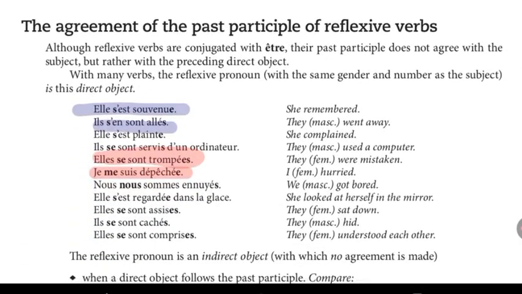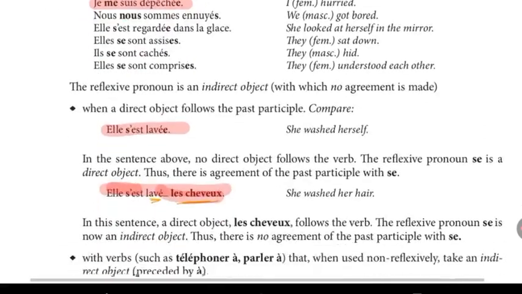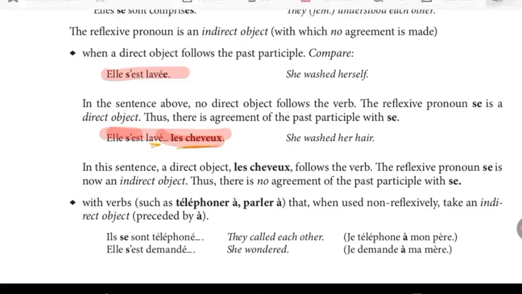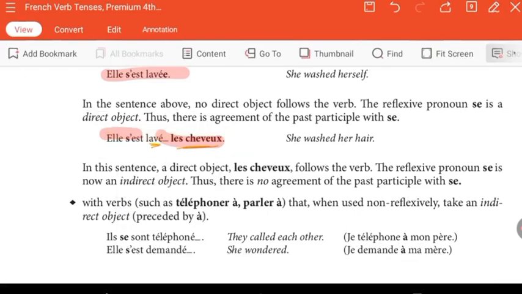If it's not reciprocal, as you see in this one, ils sont allés, there's agreement. But come down now, we have ils se sont lavés. We have it as réfléchi. There's agreement there. But look at the next sentence, this particular one, where I'm just highlighting.